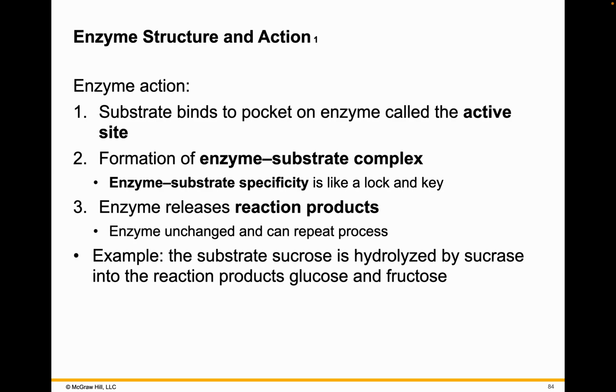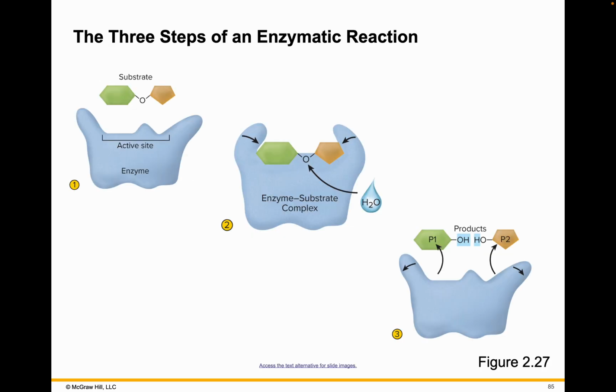So sucrose is hydrolyzed by sucrase to produce glucose and fructose. So again, the enzyme binds to the reactant, the shape of the reactant is changed into the products, and the enzyme releases the product. So substrate binds to the active site, a reaction occurs, and the products are released.